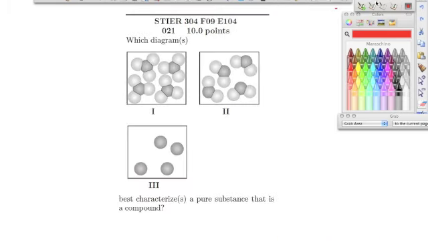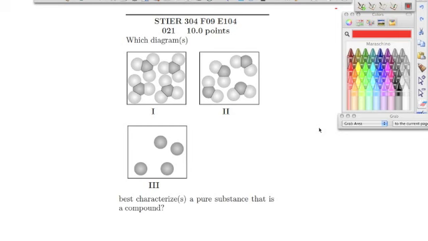Okay, now on number 21, it says which diagram best characterizes a pure substance that is a compound? When we're looking at this, the main thing to remember is that pure substances are made of compounds and elements. An element is just one single solitary atom that's all alone by itself and it's not bonded to anything.